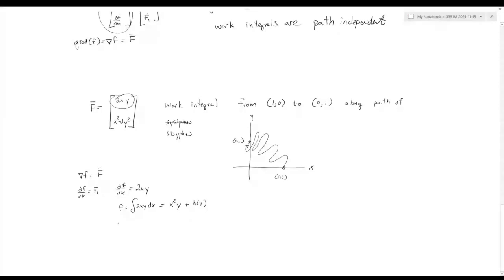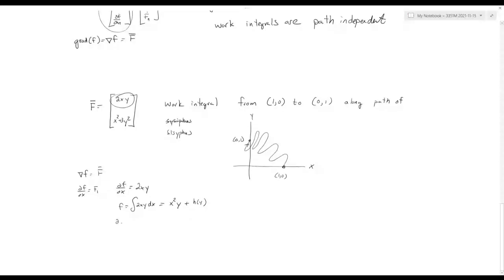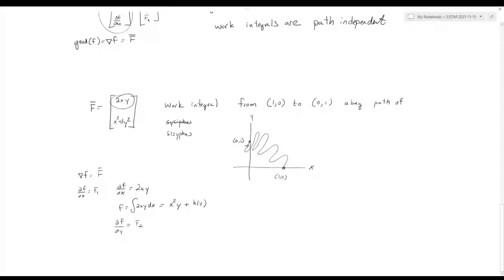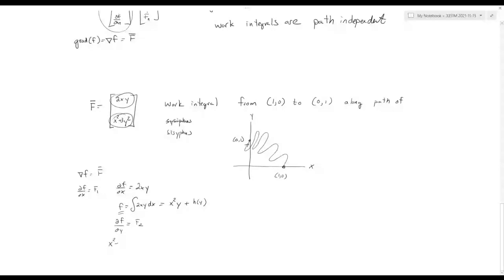Next, I would see that the derivative of little f with respect to y should give me F2. So we'll differentiate little f with respect to y. And that's F2.